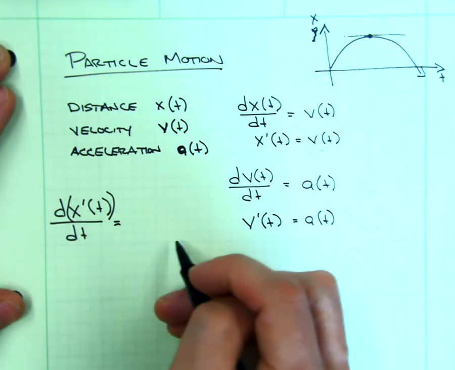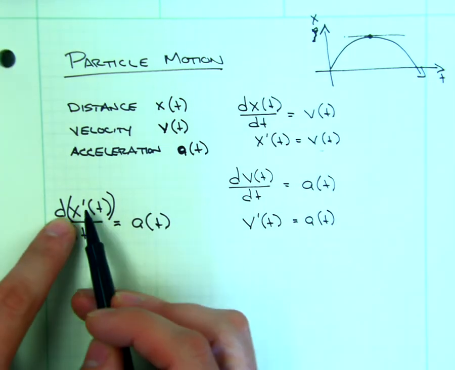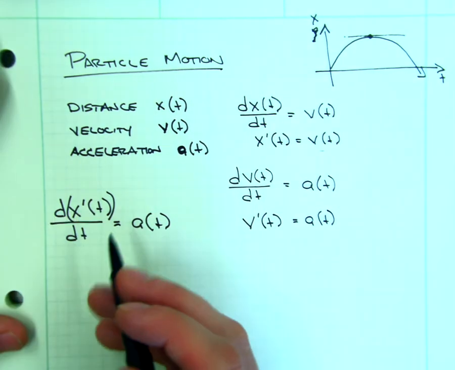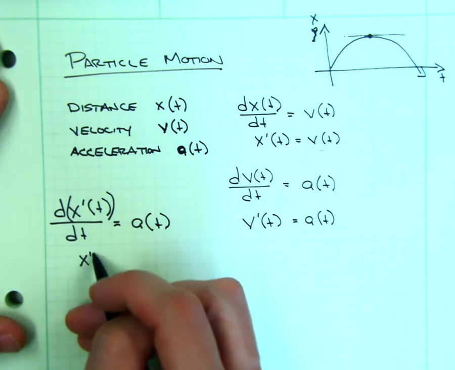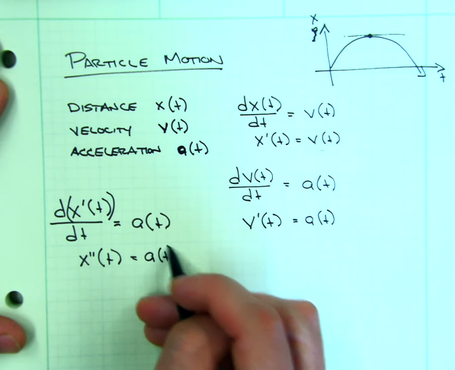So the derivative of x prime of t is equal to a of t, and I can also write that as the double derivative: x double prime of t is equal to a of t.